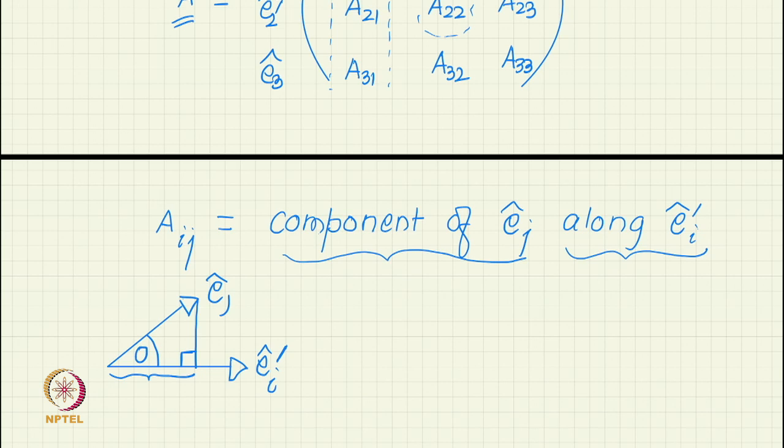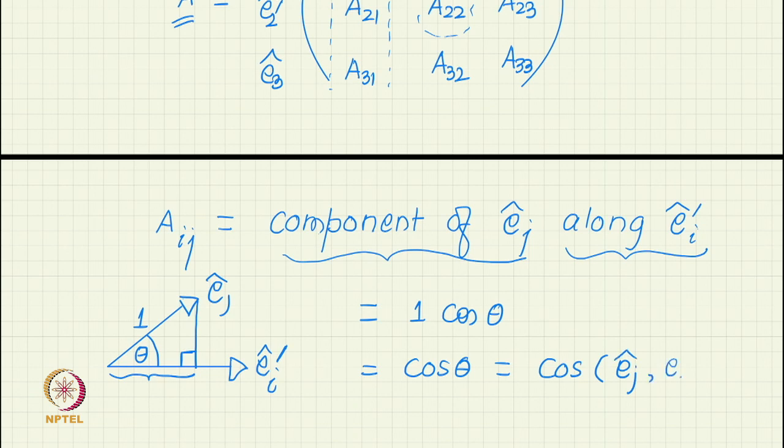And you know that if this angle is theta, the length of E j is a unit vector. So, this projection, this component is nothing but 1 cos theta, which is simply cos theta. And what is theta? Theta is the angle between E j and E i prime.